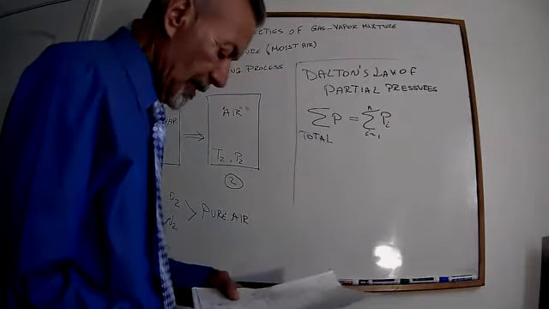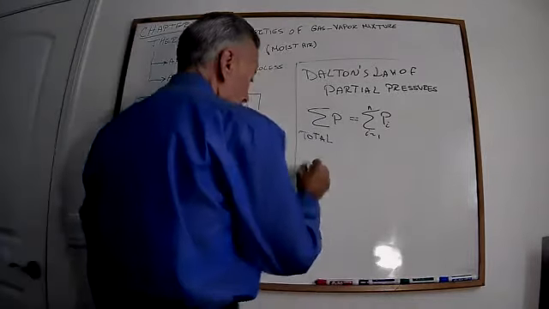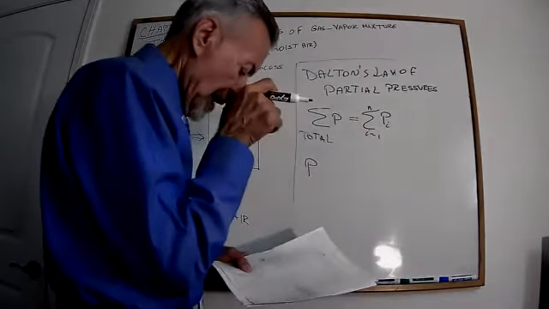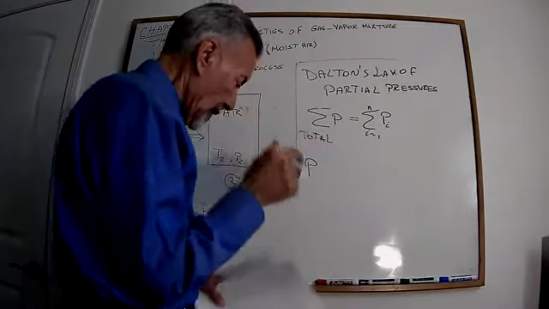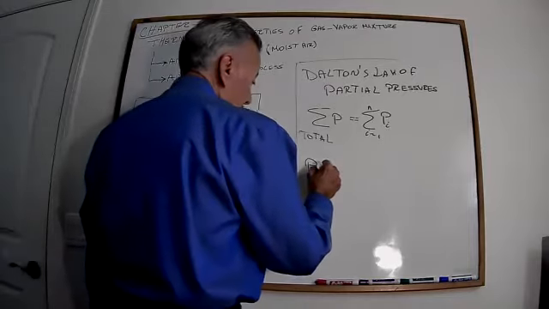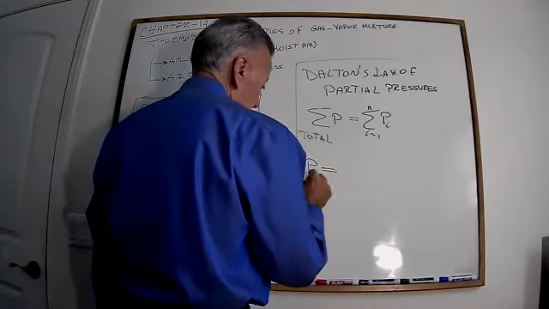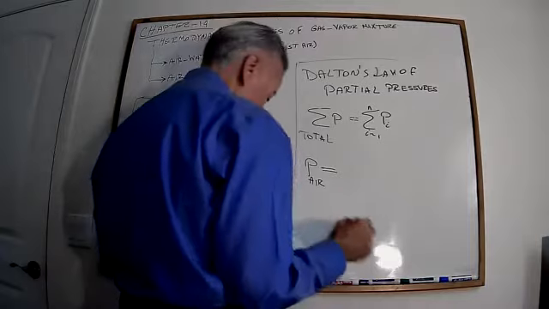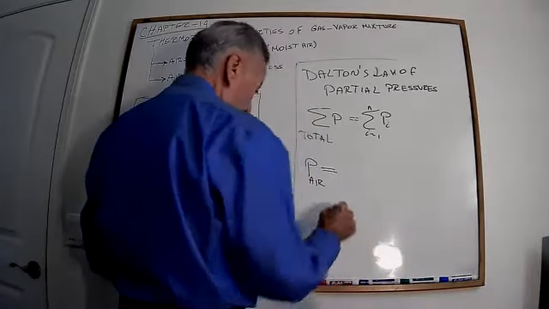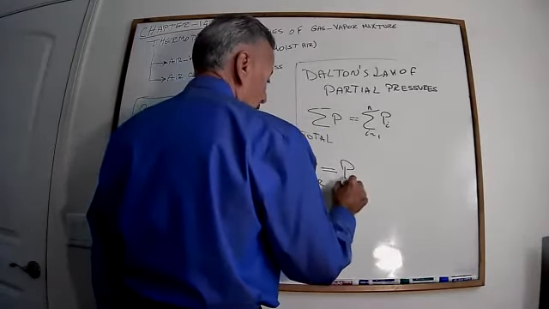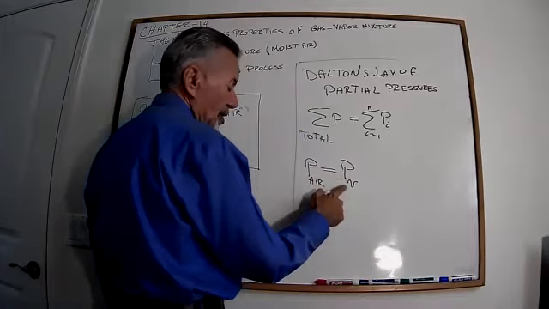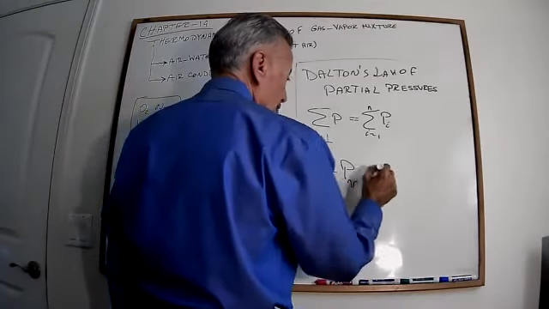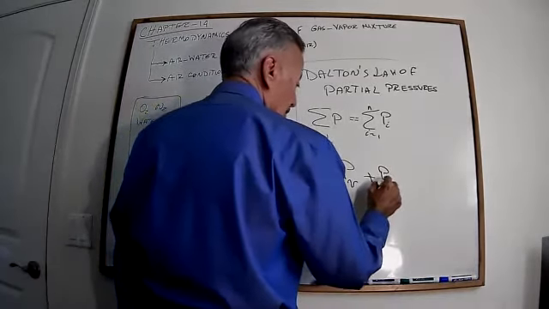Now, if you look at that, the total pressure that we have, let's say this is for air, would be equal to the partial pressure of vapor plus the partial pressure of dry air.